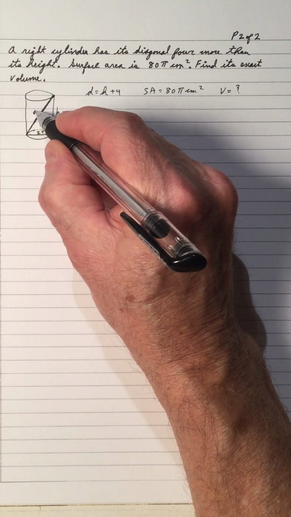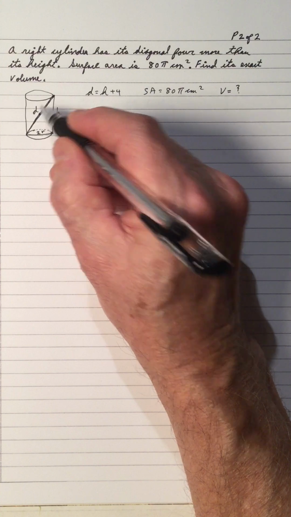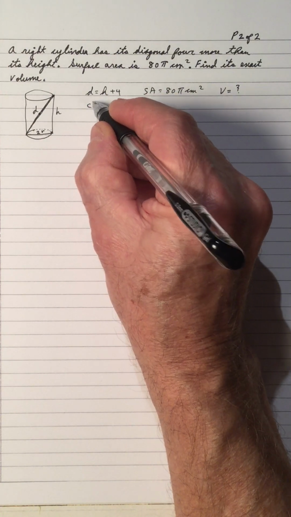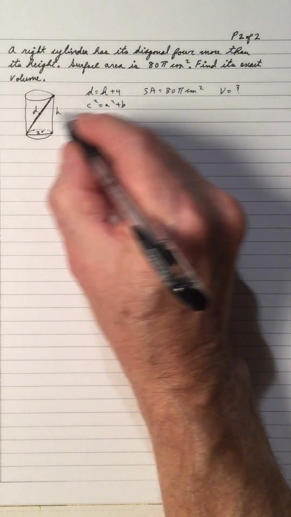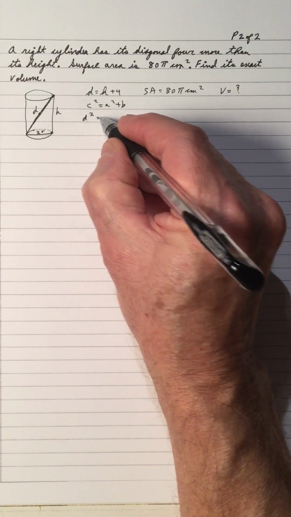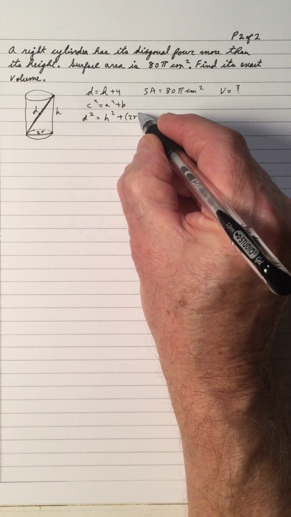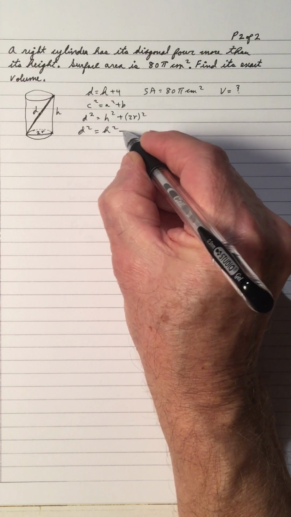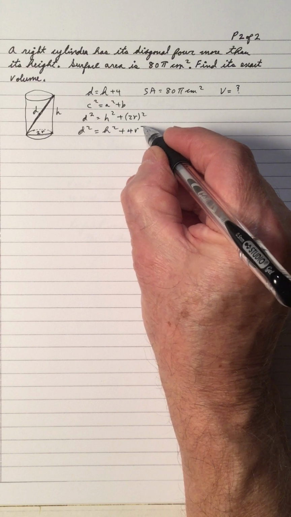As a result, we have c squared is a squared plus b squared, where d is the hypotenuse, a is the height, and b is 2r. So d squared equals h squared plus 2r all squared, which is 4r squared.